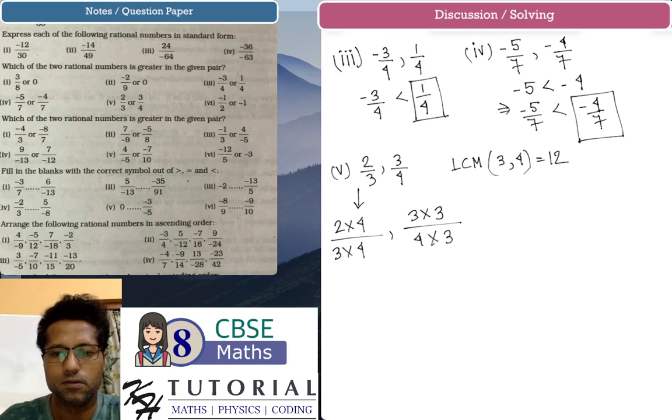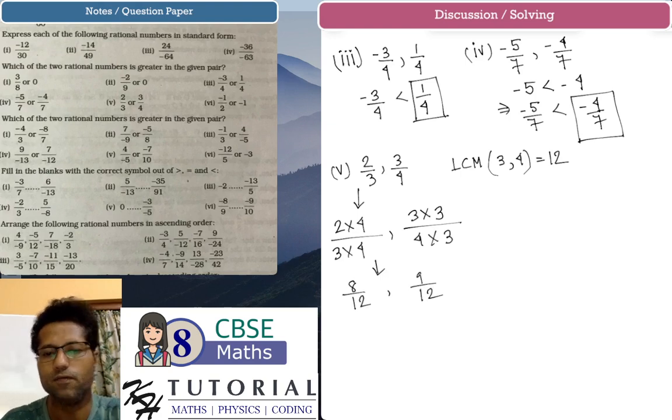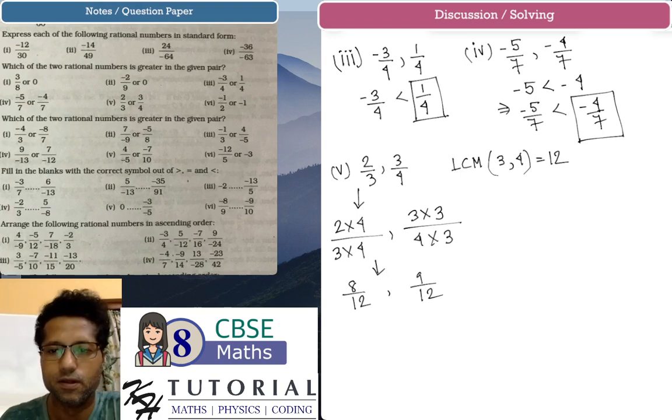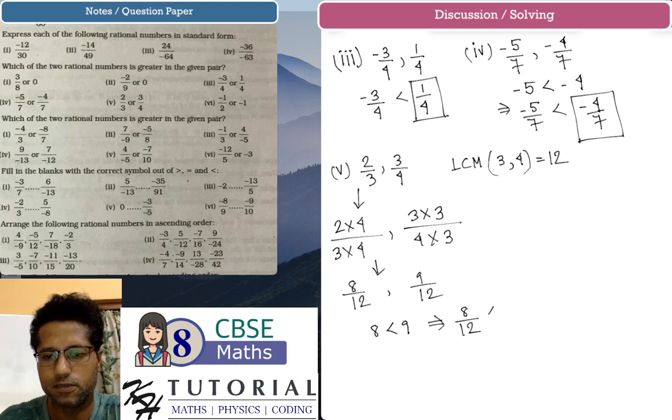So now the rational numbers become 8 by 12 and 9 by 12. Now we can see that the two rational numbers have the same denominator, which is 12. Now we will just compare by the numerators. We can see that 8 is less than 9. This implies that the rational number 8 by 12 is less than 9 by 12.